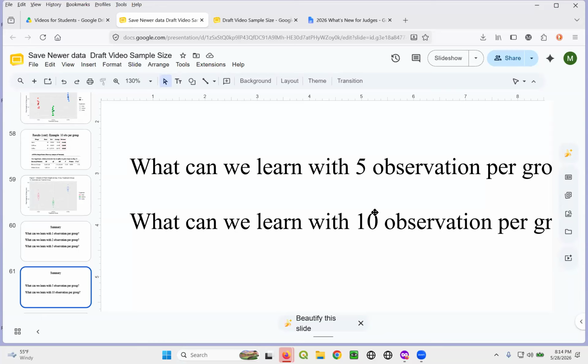I think the issue is that there's so much involved in the sample size discussion that you're right. As soon as you get to any discussion of significance, they're going to stop because it's just overwhelming. I don't know if we show the ANOVA tables then, or if we just show the summary tables.